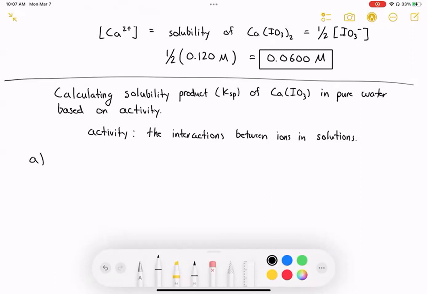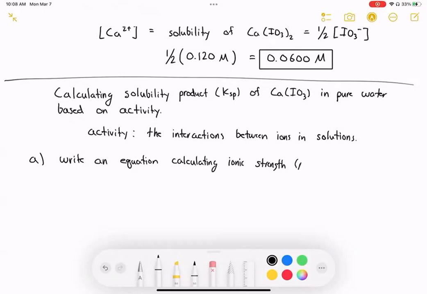So we're going to write out an equation calculating ionic strength. So this is the sum of all the ions in our solution.